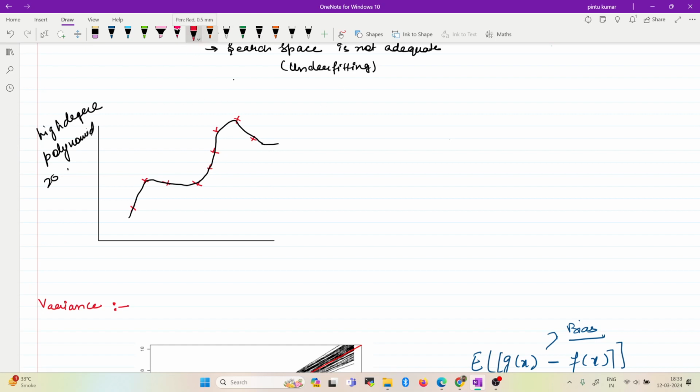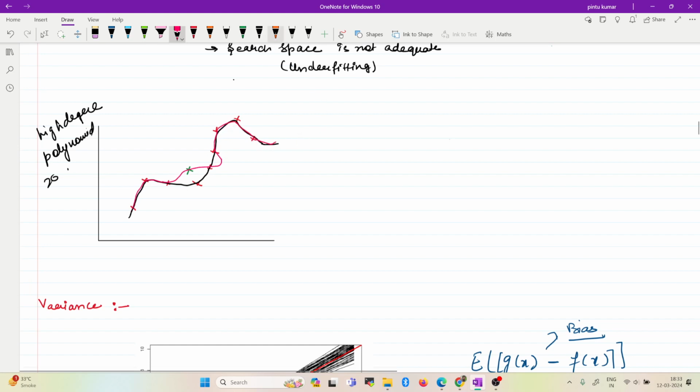Now imagine next time when you sample exactly these points, you make some error while sampling, say this point, and you sample it to be here. If you fit a 20-degree polynomial, it will begin on the same path, from here it will go here, then here, and probably this way.